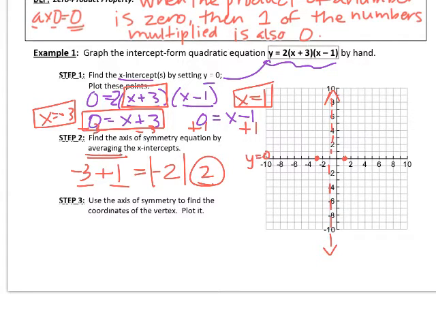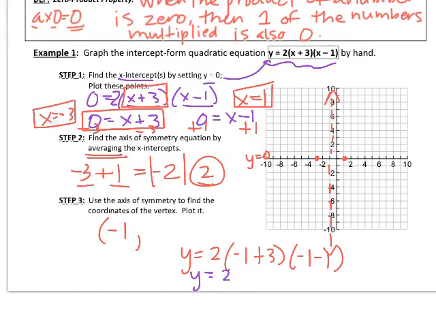All right, now I have to find the vertex itself. So I'm going to use the axis of symmetry to find the coordinates of the vertex. I already know that negative 1 is the x value because that's where I have my axis of symmetry. So I'm going to plug negative 1 back into my function. So I'm going to say y equals 2 times negative 1 plus 3, and then negative 1 minus 1 in the other binomial. When I work that all out, 2 times 2 times negative 2, I'm going to end up with negative 8 here.